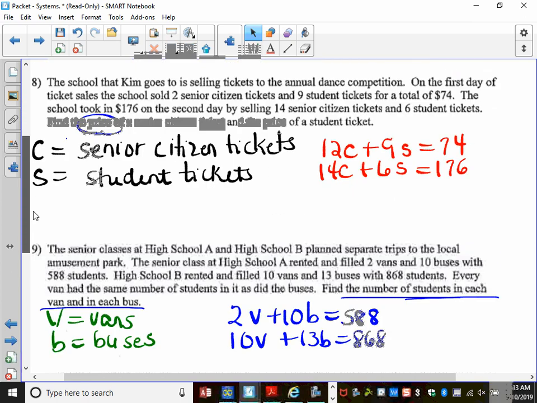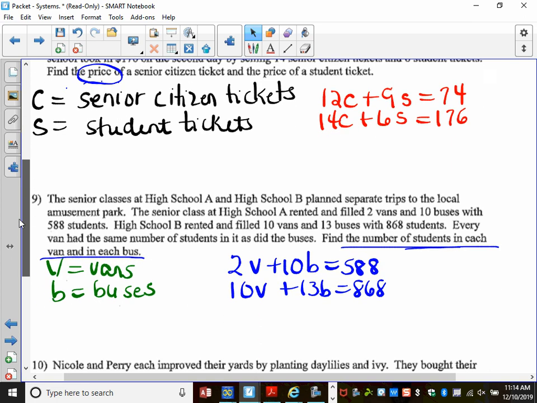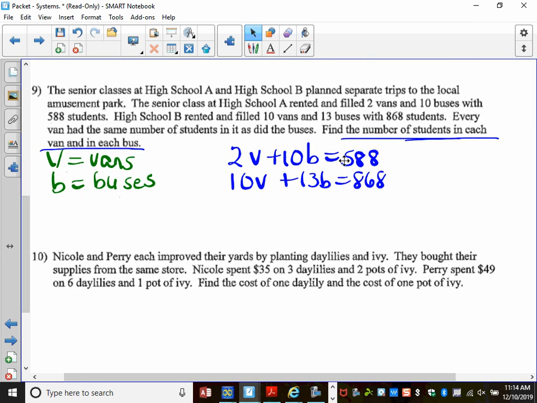But guys, please pay attention to the final question. It says, what is the cost of one rose bush and the cost of the ivy? So when you get your two numbers, you're going to use some dollar signs because they're asking for cost. This is the one that a lot of students don't read the actual question. They see vans and buses, and immediately they'll say like 52 vans and 10 buses.